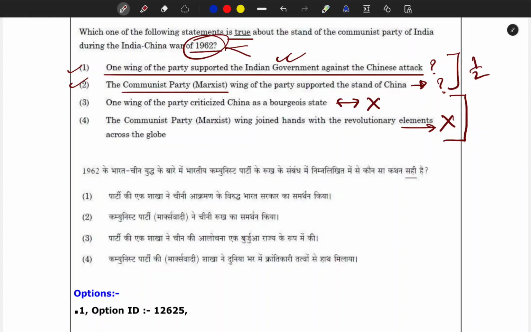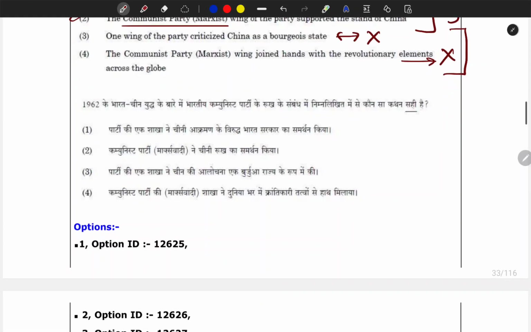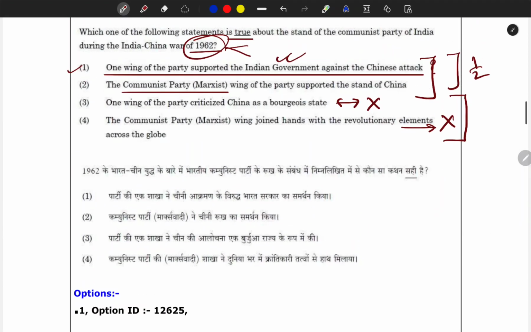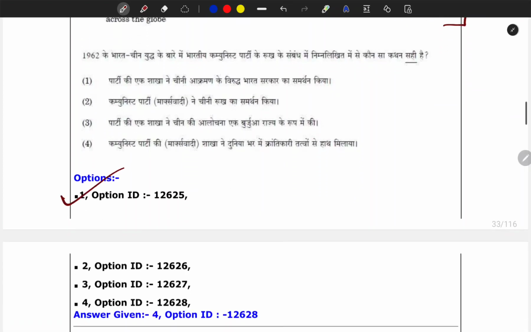The statement that the Communist Party Marxist wing supported the stand of China was actually not correct. If you don't know this, you can go 50-50 with any statement, but the correct statement is the first one, option A.